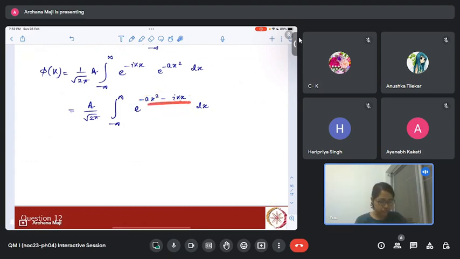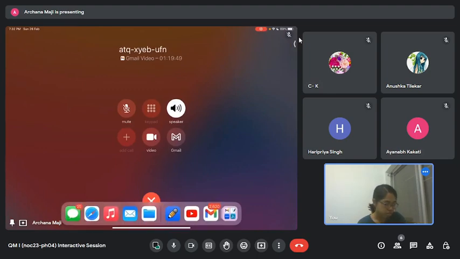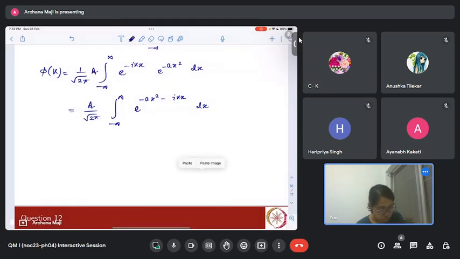You have to make it so that x square appears and x also appears, so you can make it a square. What I mean is minus a x square minus ikx.